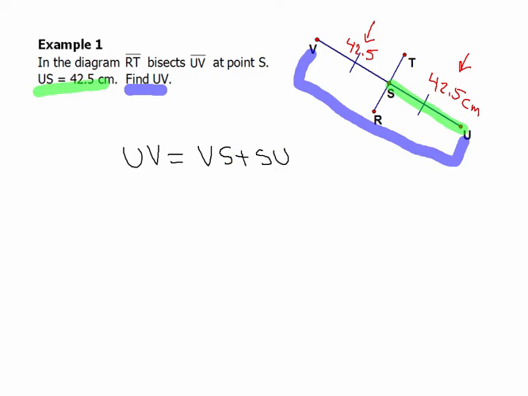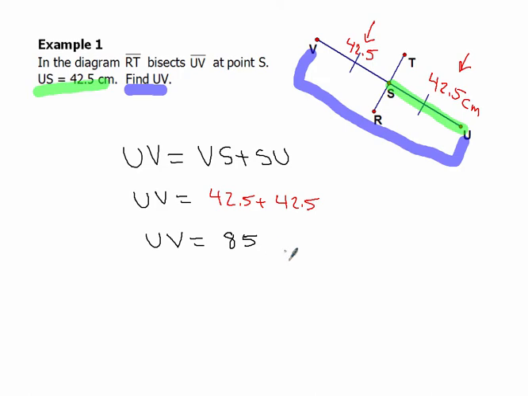But I know the values for both of those pieces already. I know VS and SU, both of those are 42.5. And then when I do the arithmetic there, 42.5 plus 42.5 gives me a total of 85. So UV has a length of 85.